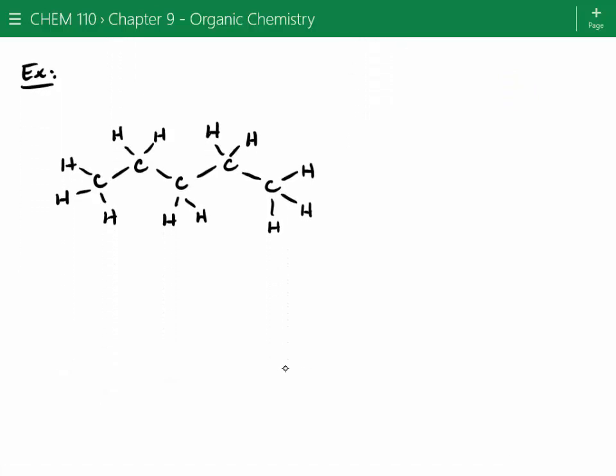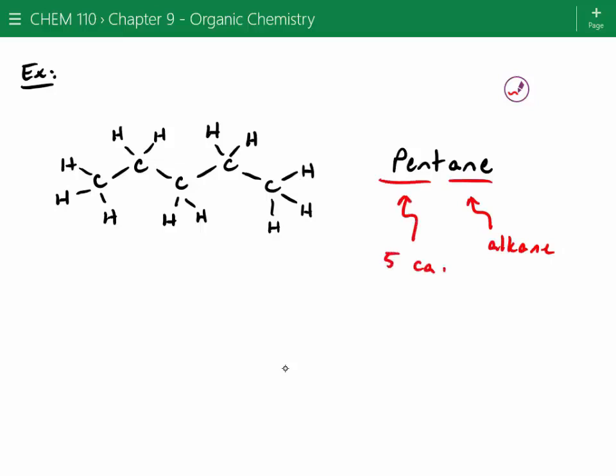But anytime we're naming our organic compounds, all you do is count the number of carbons in it, right? So it's 5 carbons. What prefix should it have? Pent. Is it an alkane, an alkene, or an alkyne? Alkane. So what should it be called? Pentane, right? So the key is identifying the suffix for an alkane.